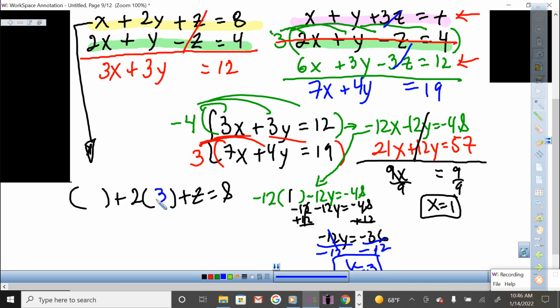So y we said it was 3, x is 1. So we end up with 1 plus 6 plus z equals 8. That's 7 plus z equals 8. Minus 7 to each side. So z equals 1.